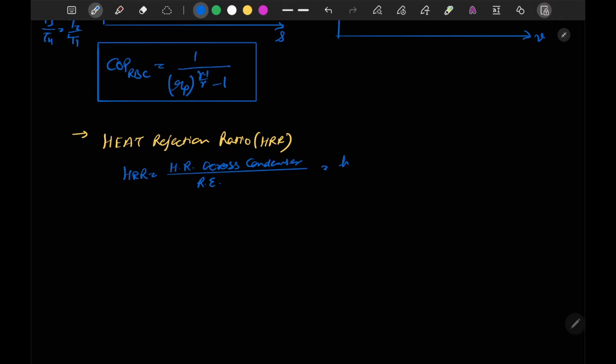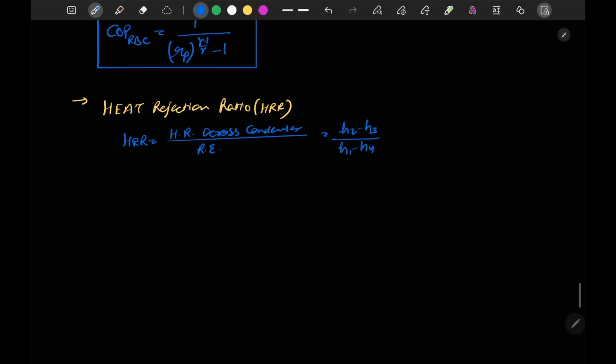So this can be written as H2 minus H3, the condenser heat, over H1 minus H4, the refrigeration effect. This can also be written as HRR is equal to 1 plus 1 by COP.